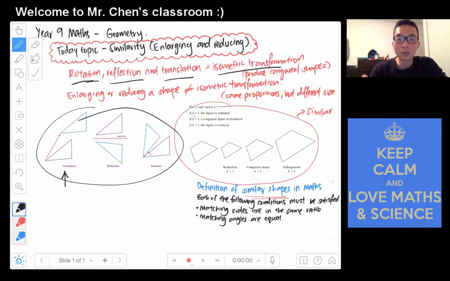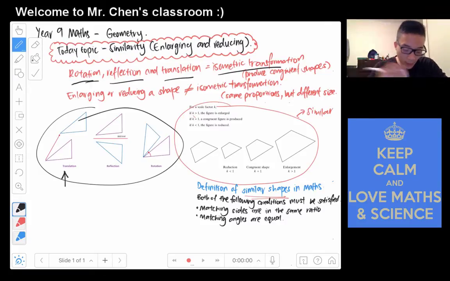Remember all those angle, side, angle-side, and hypotenuse length. Please refer back to the previous videos. You have learned those in Year 8. If you haven't, you might have to revisit that again.